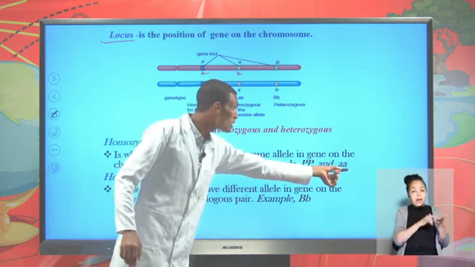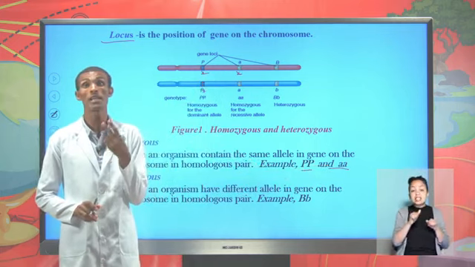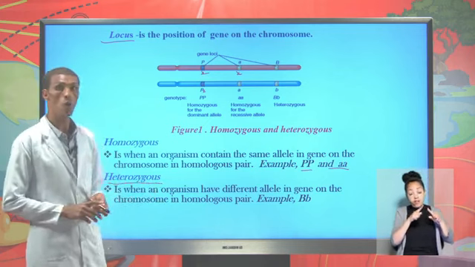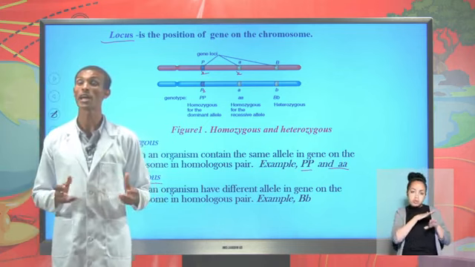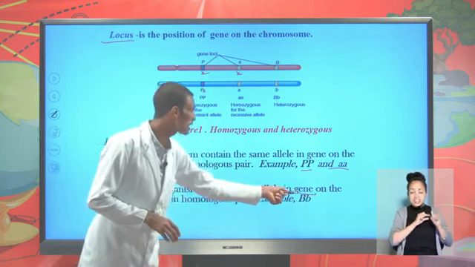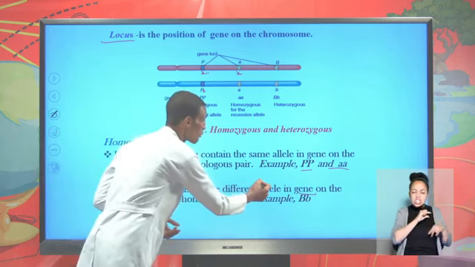By that, we call this homozygous: the same allele found within a gene. If different alleles are found within a gene, we call it heterozygous. Heterozygous means there is a gene that determines a particular trait, and that gene is made from different alleles.